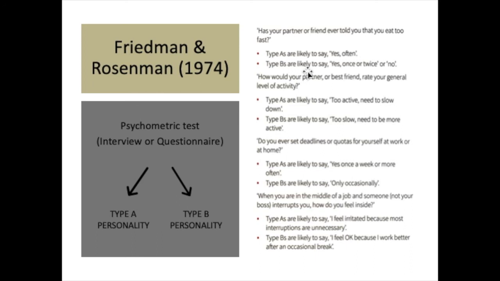Type Bs are more relaxed, so they are less likely to be told that they eat fast. These are the kind of questions you can ask in the psychometric test to find out type A or type B personality. So from here we can measure the level of stress. If they're type A, there should be a high level of stress. Type B has a lower level of stress.